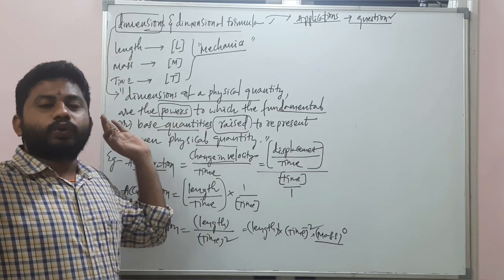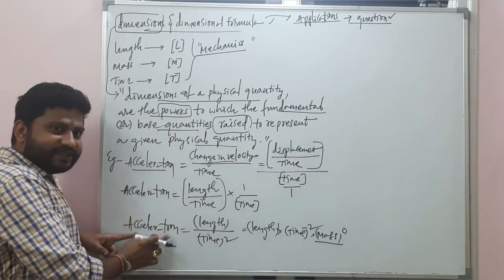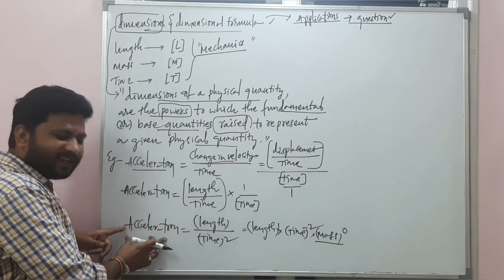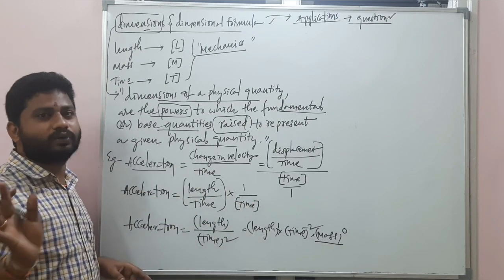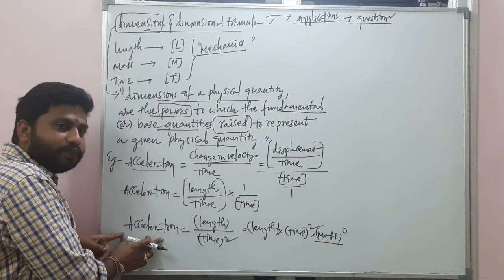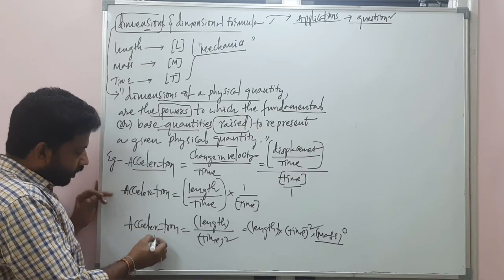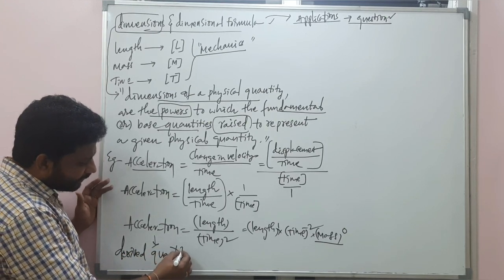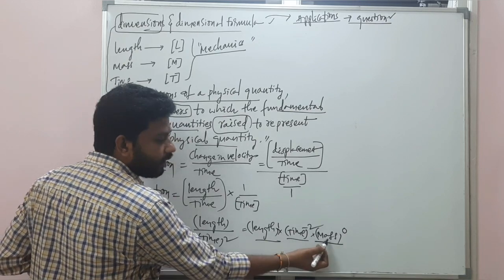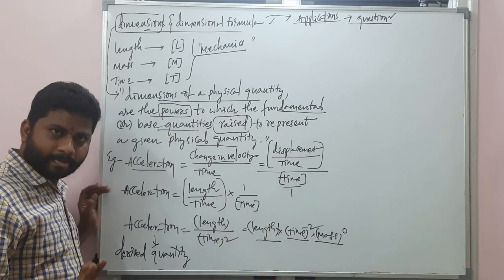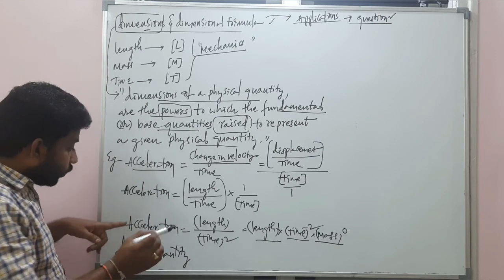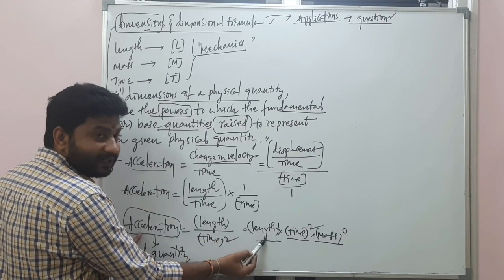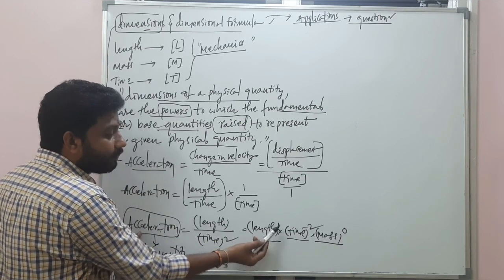What we are going to conclude here is that acceleration is a physical quantity, maybe fundamental or derived, whatever it may be. If you write the fundamental quantity here, it will not depend on any other physical quantity. So 100% this must be a derived physical quantity, which depends on length, time and mass. How is it depending? To represent acceleration, the length, a fundamental quantity, is raised to the power 1.